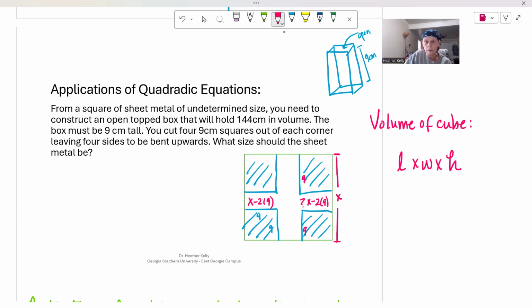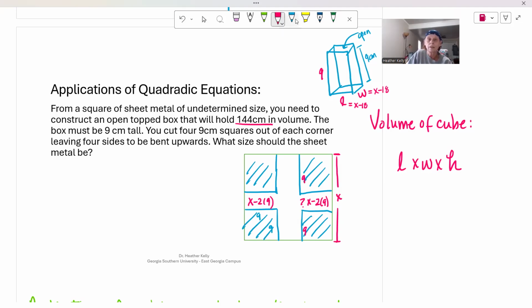If this is the length, this is the width, and this is the height, then our length is going to be X minus 18. Our width is also going to be X minus 18. And the height is going to be 9, because that's what we know for sure. It has to be 9 tall to hold 144 centimeters in volume.